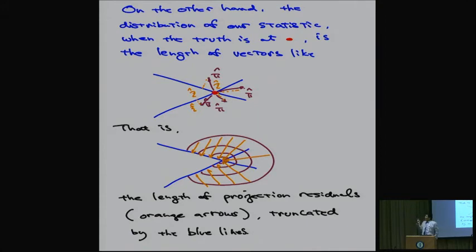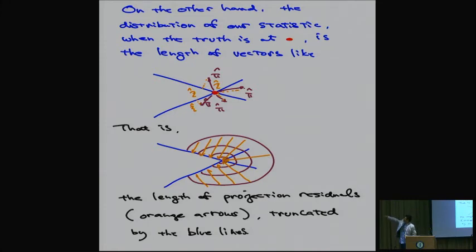Now, however, if actually I knew that the true red dot point is on the cusp, what's the critical value we should use? So the pi hat distribution would be like all over there, and our statistic is the orthogonal projection of pi hat, the length of the residual vector of pi hat on the cone.